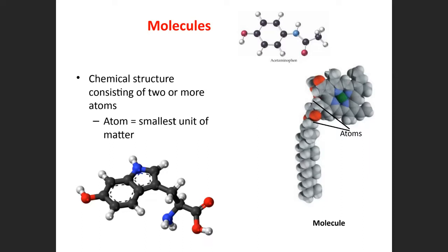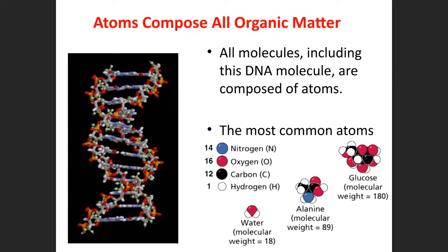A lot of these are stick figures, but others you can see are space filling models, right? You guys have seen these before. And then if we think about one of the most complicated molecules that there is, of course DNA, you can see how it's arranged in a double helix, right?